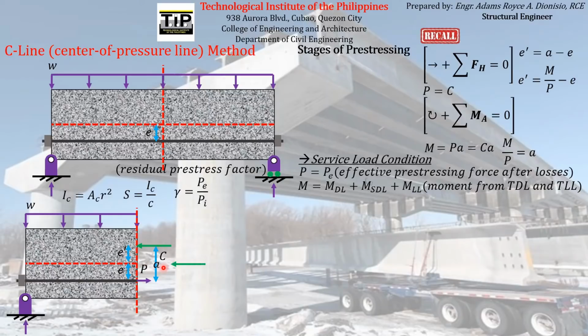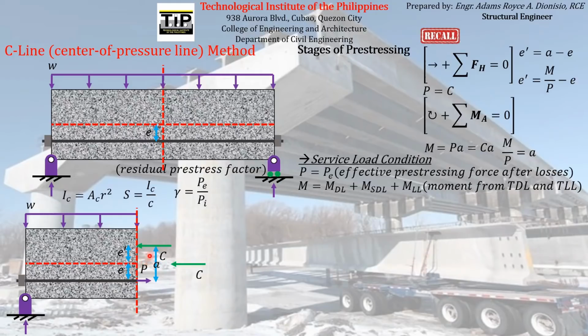And according to statics, if we want to transfer a force to a different location, there must be a moment introduced, which in this case will be the product of the compressive force C and the perpendicular distance between its line of action and the location where we want it to be transferred, which is in this case the neutral axis or the centroid.